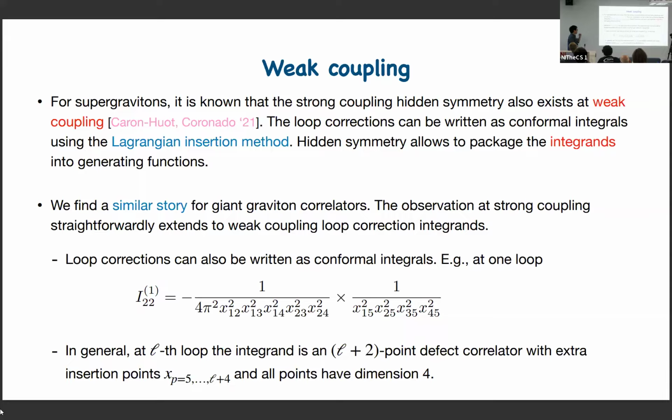You can also compute the loop corrections using Lagrangian insertion. For example, at one loop, the integrand takes this simple form. In general, at L-th loop, what you have is an L+2 point defect correlator, where you have these new insertion points at phi 6 and so on, all the way to L+4.